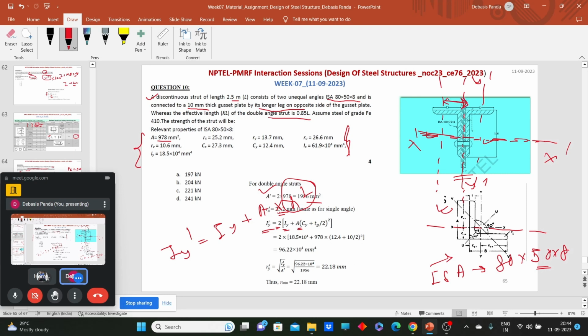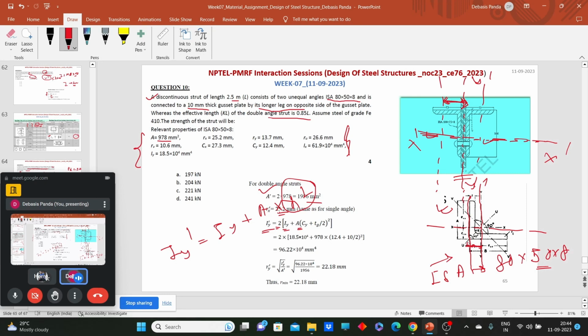So what should be the distance? From the single angle section, you can see this small distance from the y axis to the end of the plate. This distance is CYY. Now we know the CYY value up to the end.